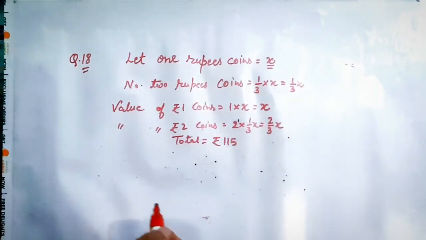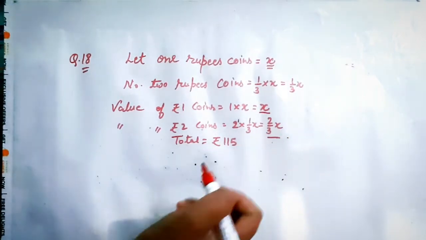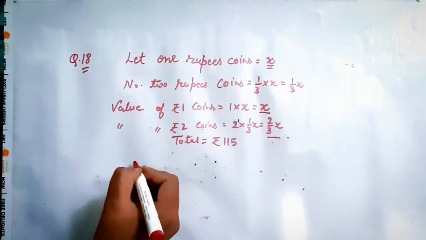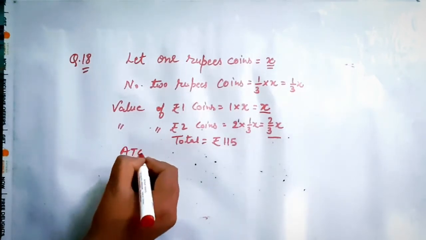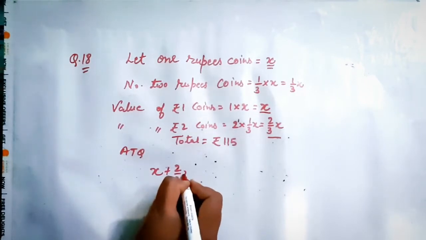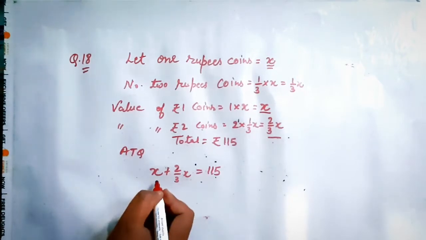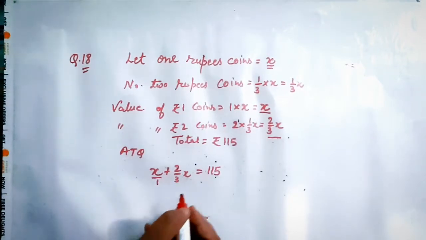Now what will be the total? The value of 1 rupee coins plus the value of 2 rupee coins. So according to the question, x plus 2 upon 3x is equal to 115. Take LCM on the left hand side.